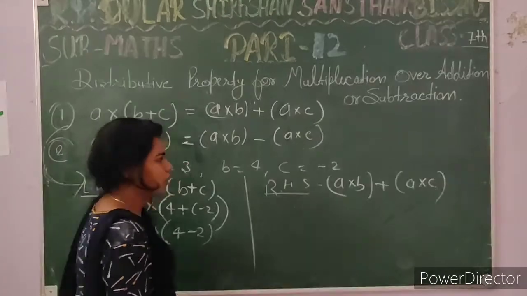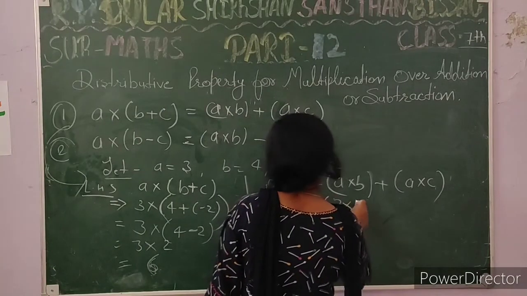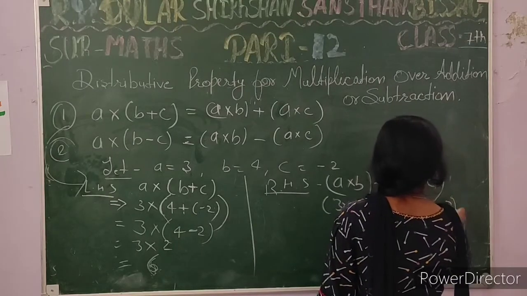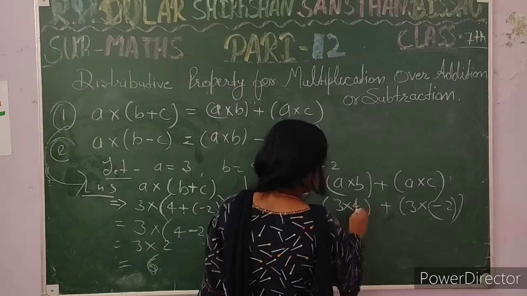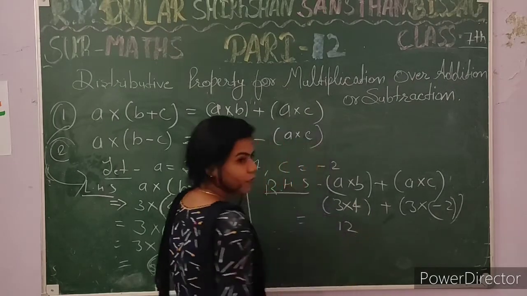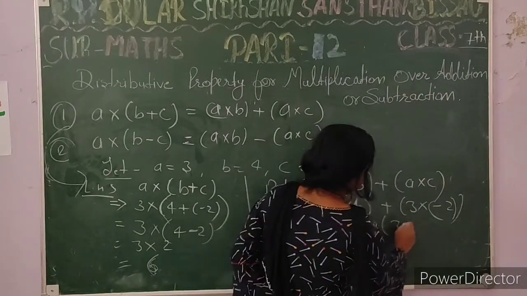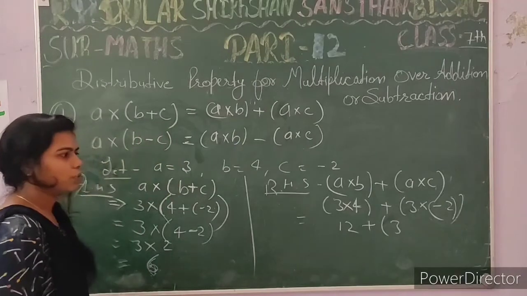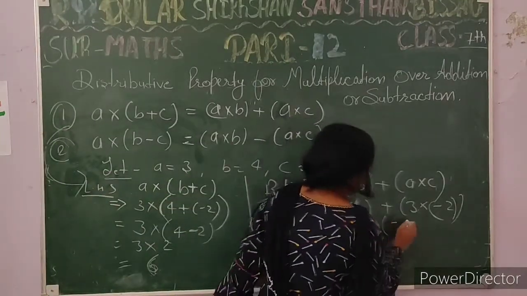Then on the RHS side, A into B plus A into C is 3 into 4 plus 3 into minus 2. Students, look carefully. 3 into 4 is equal to 12, then plus 3 into minus 2, which is minus 6.